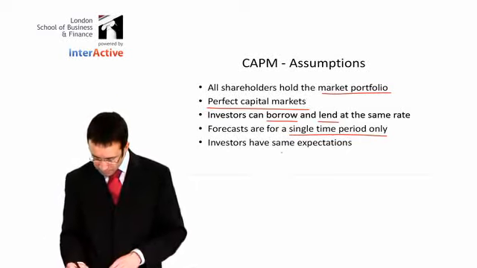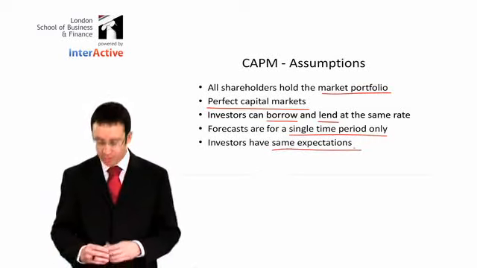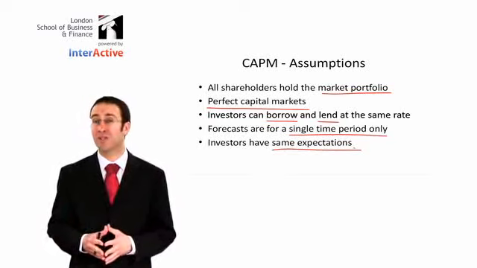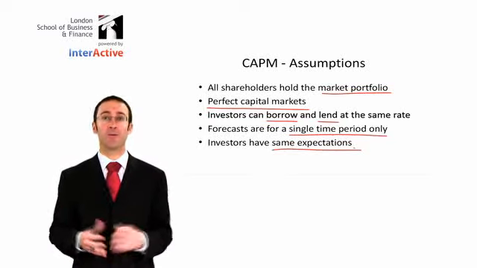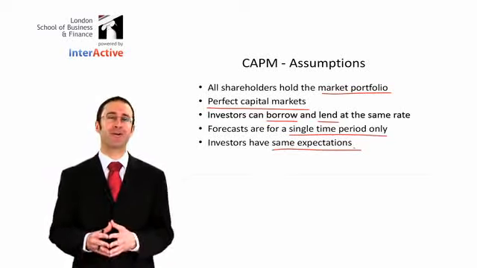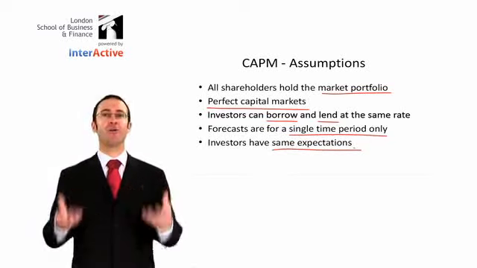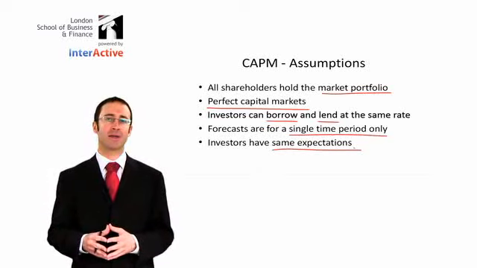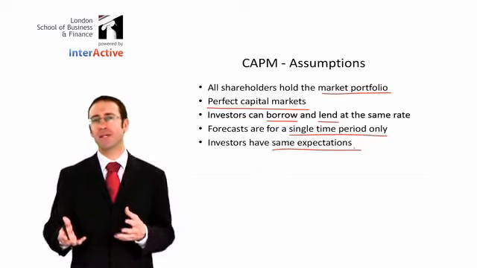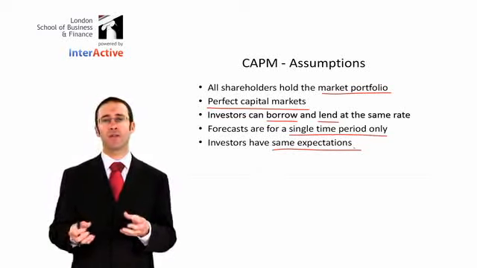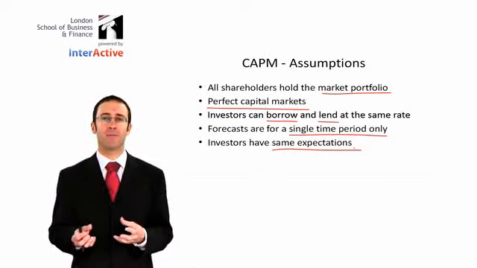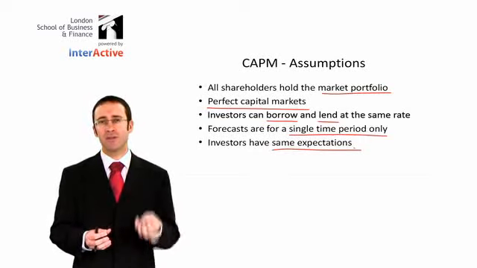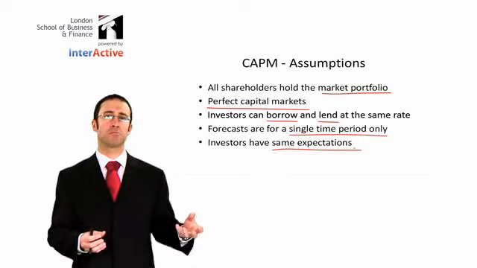What you've got there as well is that your investors have the same expectations. Reasonably true in the fact that we all want to make money. We all want to invest in shares and get ultimately richer. It's the whole purpose of investing within the stock market. But different expectations there are looking at the returns that you get. You know, people will invest within some shares to get themselves a dividend that grows every single year.